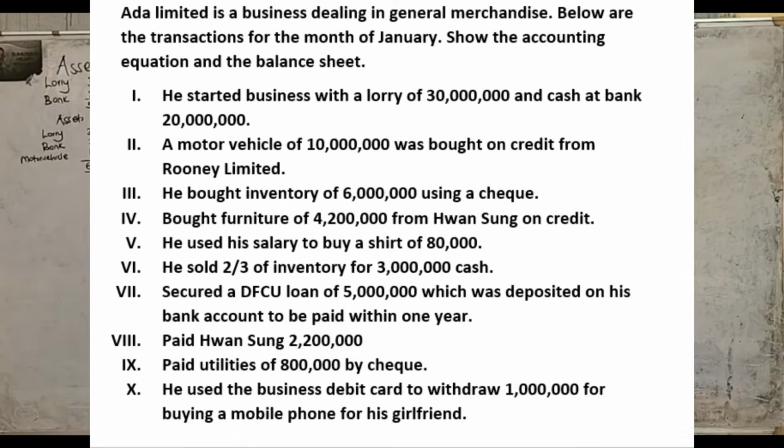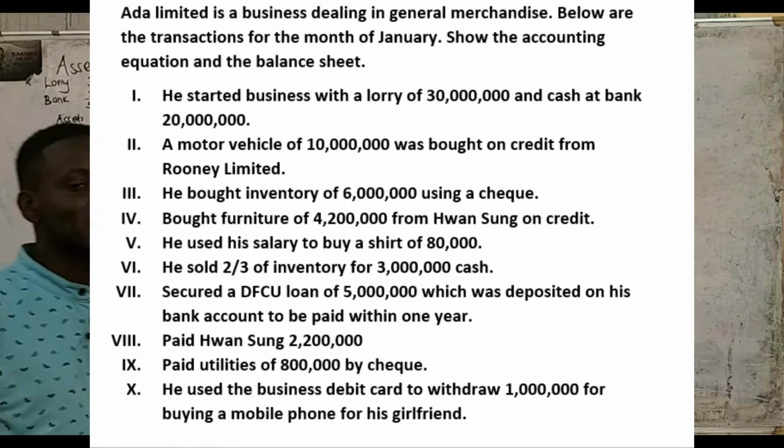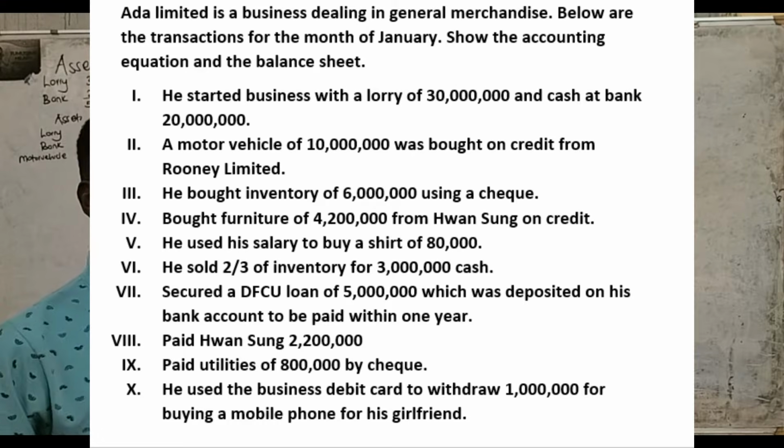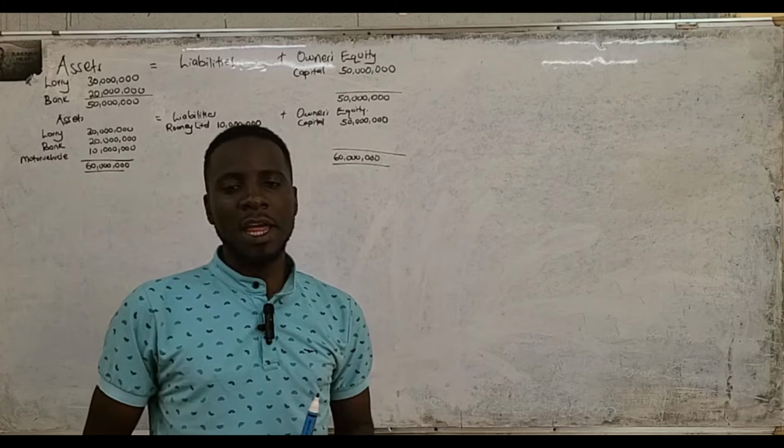And it says he bought inventory of 6 millions using a check. Now, when they say he bought inventory of 6 millions using a check, one, inventory is an asset. So if inventory is an asset, it means our asset side is going to increase by the 6 millions because we are buying inventory.